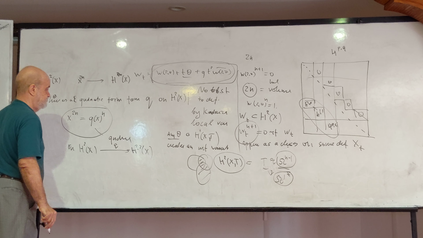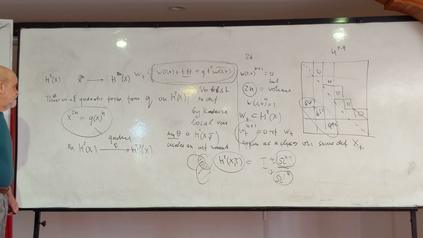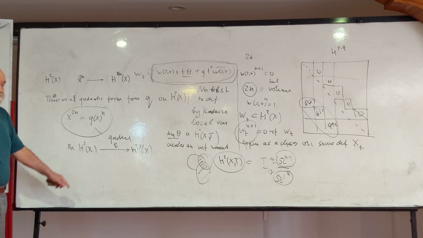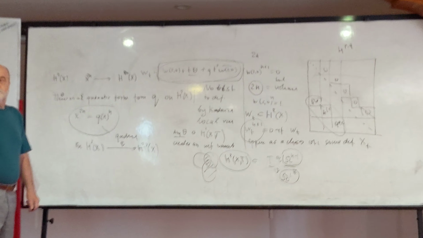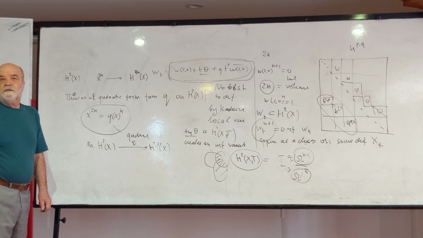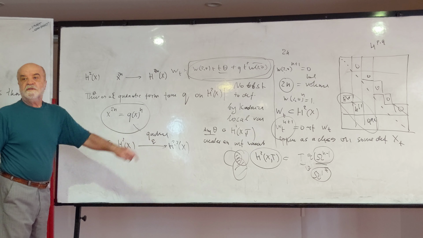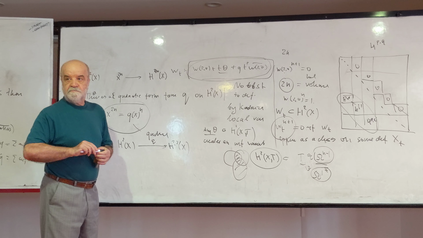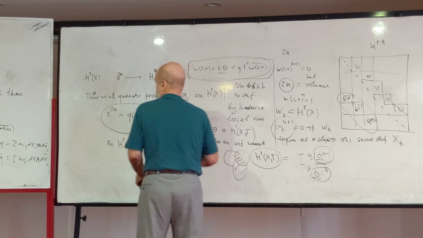It has rational values, so it's an integer form. And this governs everything. This governs all the topology. This one form is responsible for most of the effects.